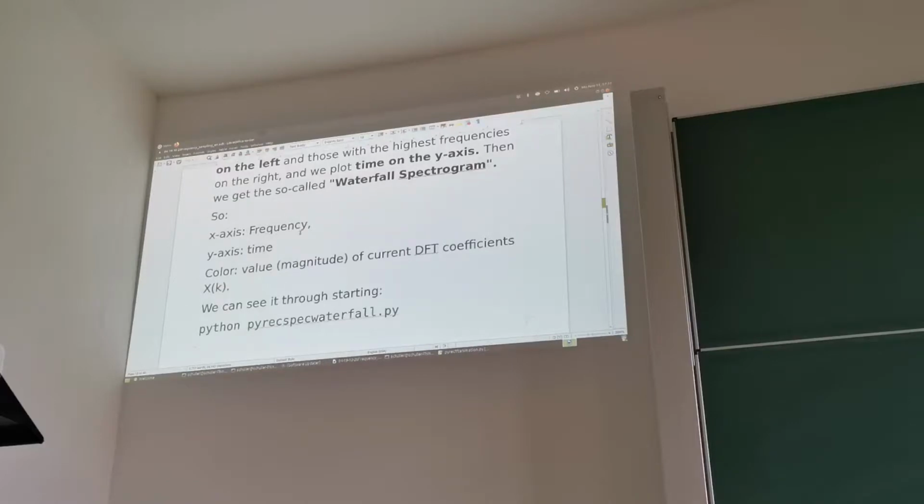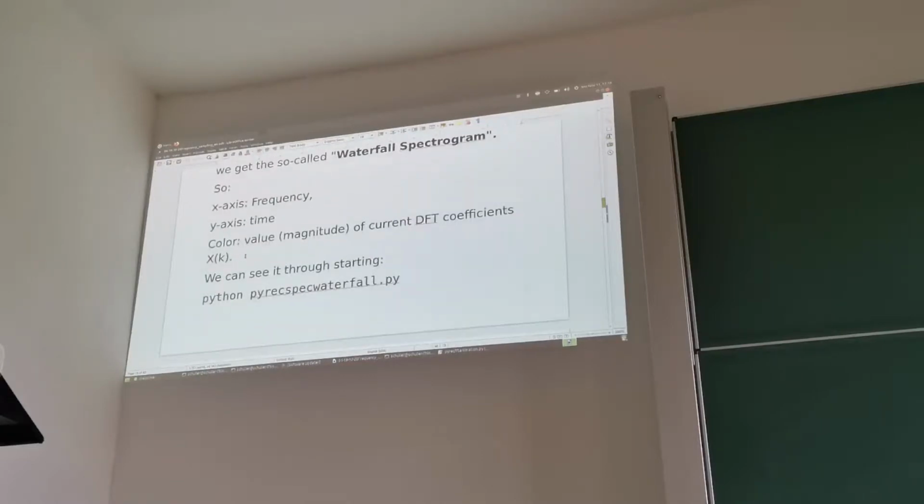Frequency on the x-axis, on the y-axis we have time, and then the color gives us the magnitude of the DFT coefficients.